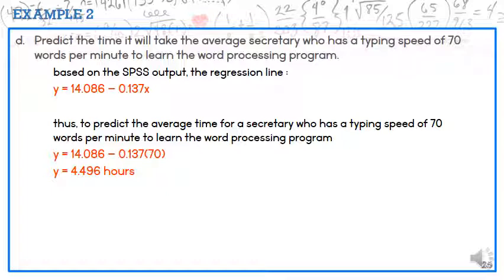So based on the SPSS output, kita dapat the regression line Y sama dengan 14.086 tolak 0.137x. Thus, to predict the average time for a secretary who has a typing speed of 70 words per minute, simply substitute x with 70. And thus, you get y sama dengan 4.496 hours.